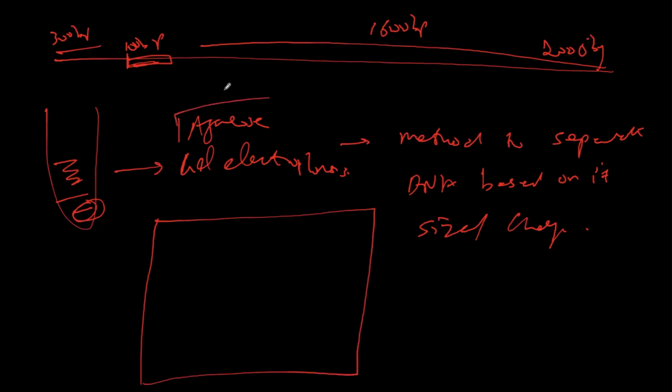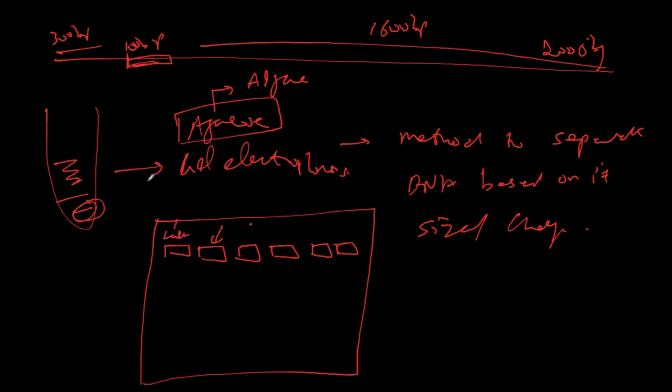Agarose is a polymer obtained from algae, and with it we make a gel. We'll have wells, and in one well I'll load my sample, and in another my ladder, which is basically a concentrated form of DNA molecules of different sizes.